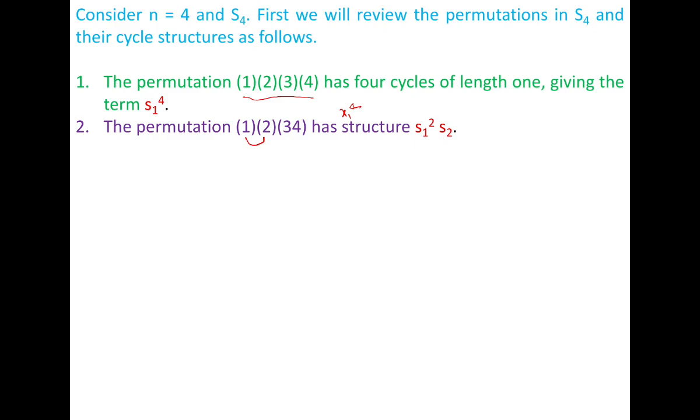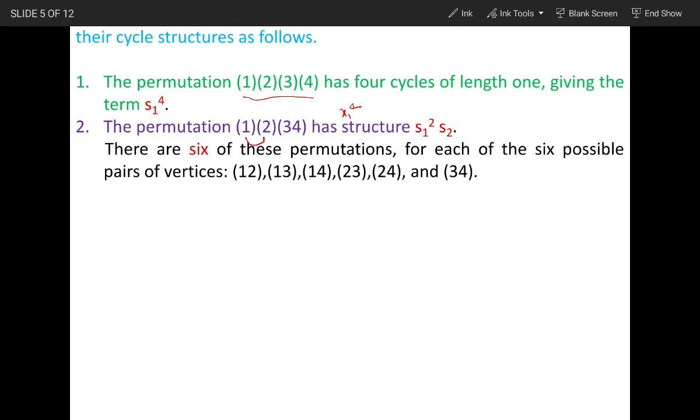And in this case there are a total of 6 possibilities, something like this, 1 2, 1 3, and the other cycles of length 1. Again I am telling you, symmetric group S4 means we are considering all possible combinations, because when we interchange the vertices, it matters when we consider the edges, otherwise not. So that's why we have to consider the cyclic structure of edges to count the non-isomorphic graphs.